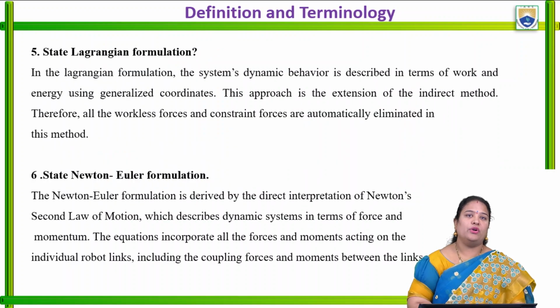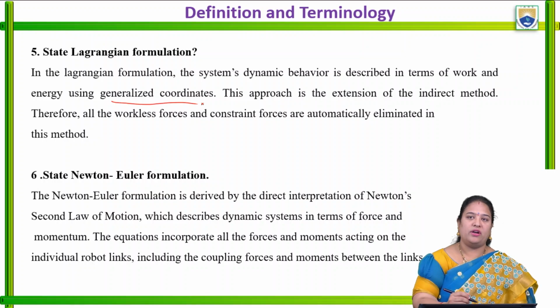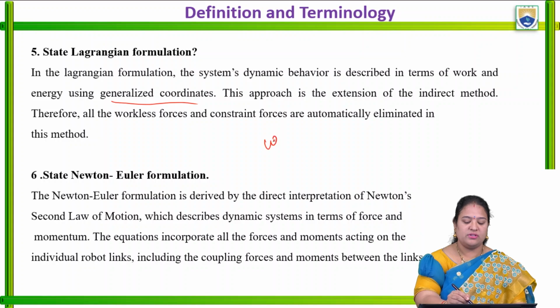Next, moving on to state the Lagrangian formulation. What do we mean by Lagrangian formulation? Here the Lagrangian formulation is used to define the behavior of the work and the energy for the generalized coordinates. It is used to describe the terms work and energy.